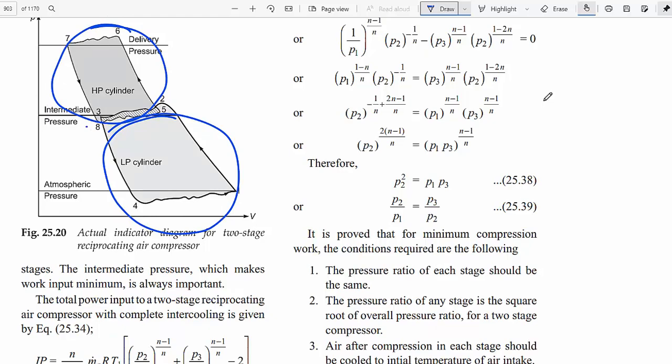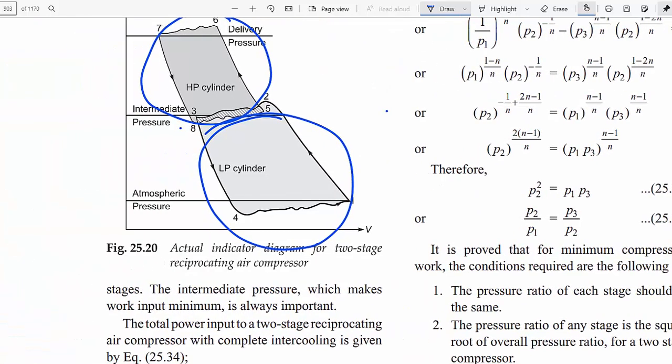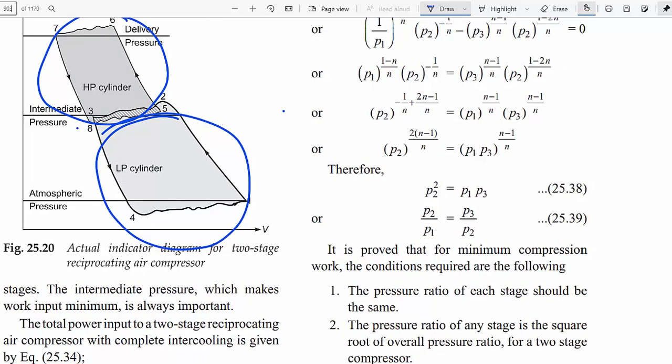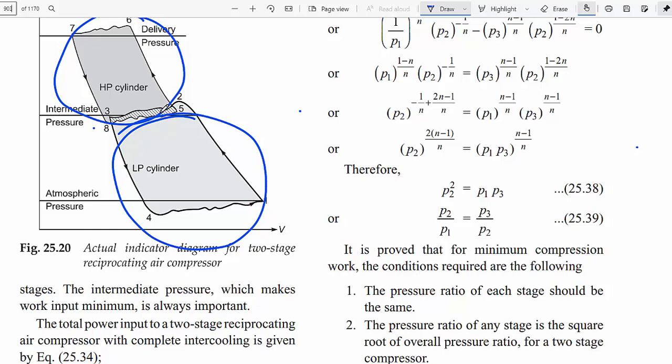These lines are common. This line is the common line for both the HP and LP cylinders, for P2 equal to P3.